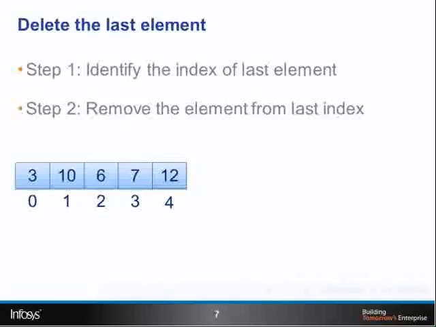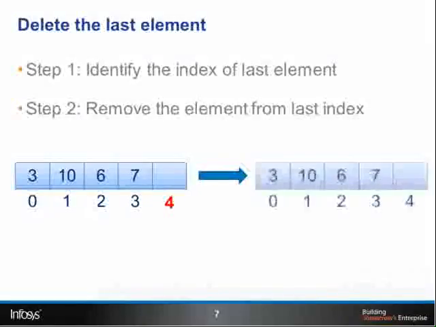Consider this example wherein we have totally 5 elements and we need to delete the element 12. The position where 12 is present is 4. So we identify 4, which is the index of the last element, and simply delete that element. This will result in the new array as shown in the figure, with 12, which was the last data element in position 4, being deleted.